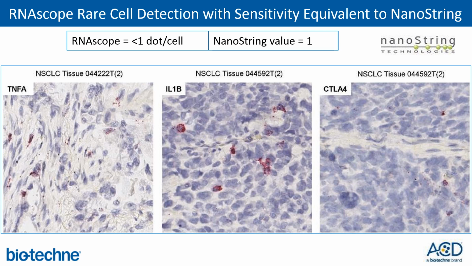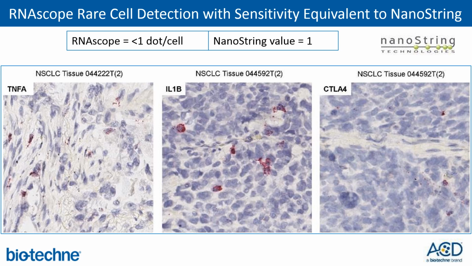NanoString is an extremely sensitive assay suitable for RNA analysis in fixed tissue. However, it still provides an average value of expression across an entire tissue. And as illustrated here with these three examples, TNF-alpha, IL-1 beta, and CTLA-4, what we can see if we look visually is that there are very few cells that express these markers at fairly high levels, whereas the numbers shown at the top indicate that overall the expression throughout the entire tissue is extremely low.